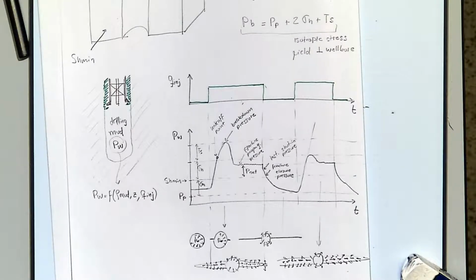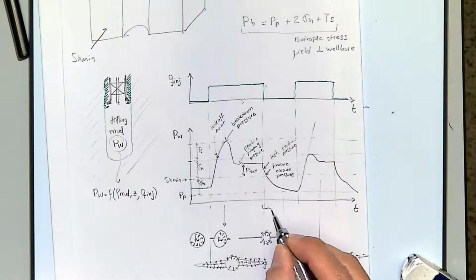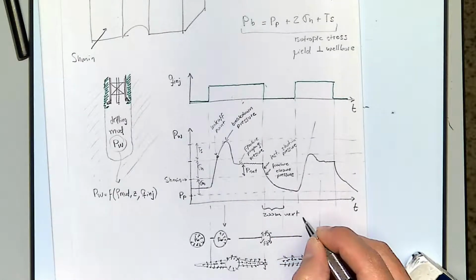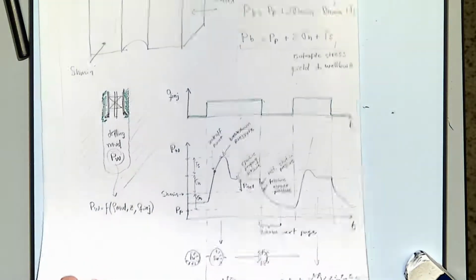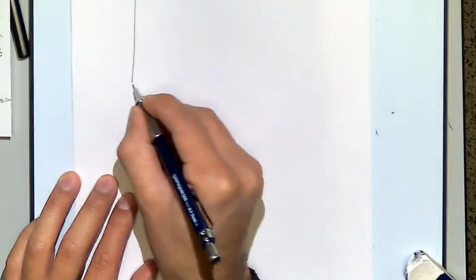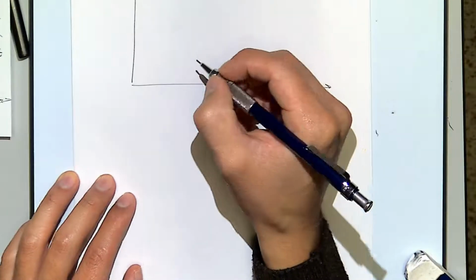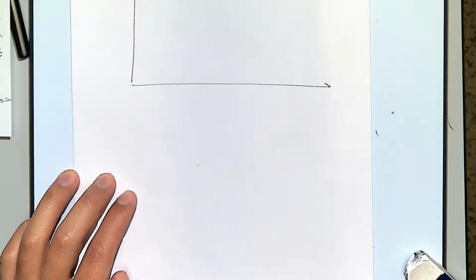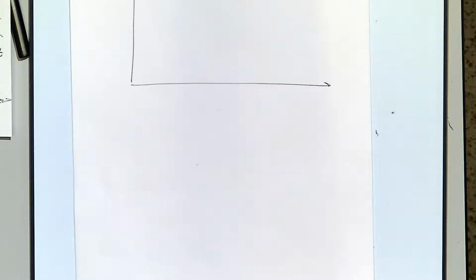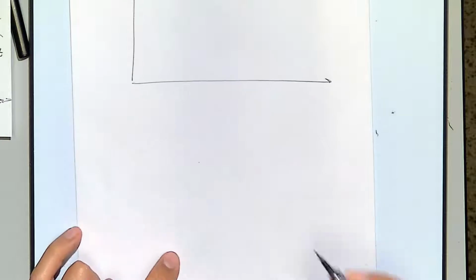So let's make a zoom now into this region. At that point, if you measure the pressure in the wellbore, you will see that there are going to be two distinct regimes of the decay of pressure.